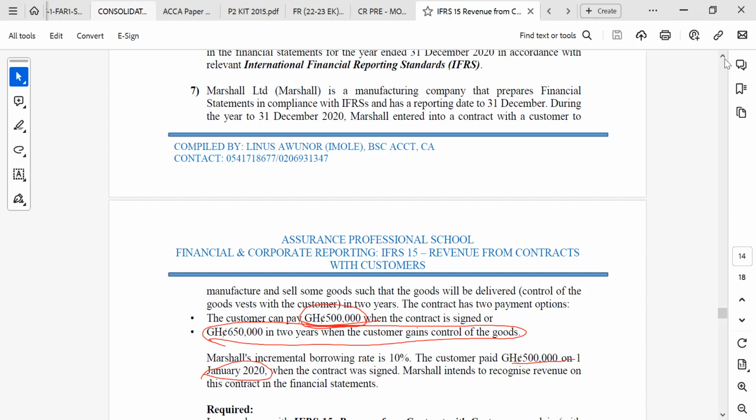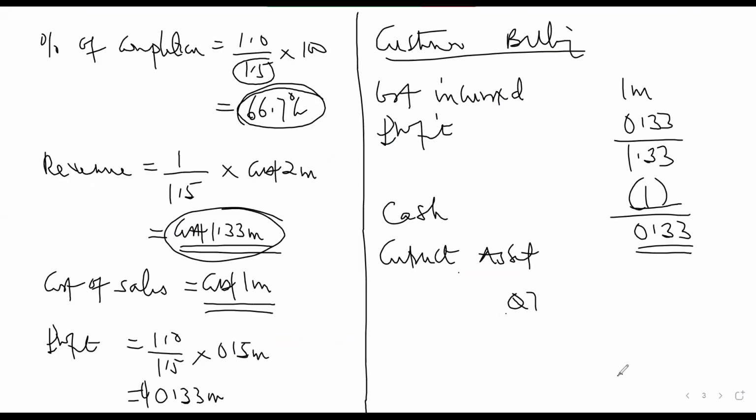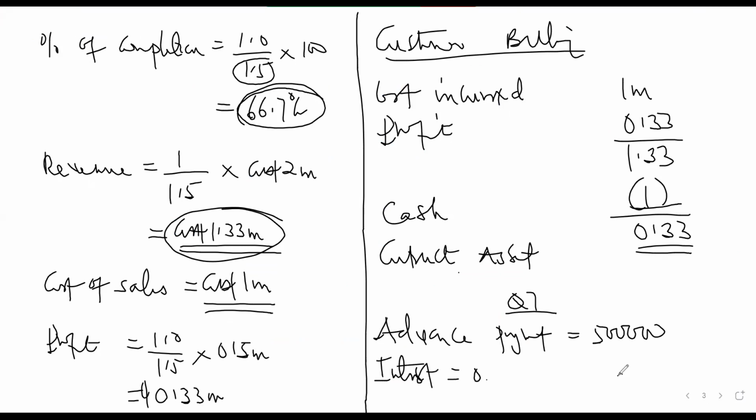So you calculate interest on the 500,000, treat the amount as a loan. Question 7: the advance payment from the customer will be treated as a loan. So each year you charge interest on it. So the interest will be 0.1 times 500,000. That will give you 50,000.